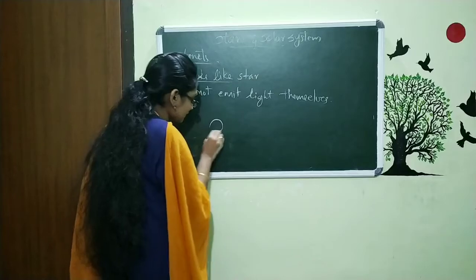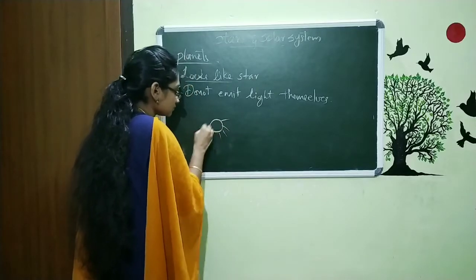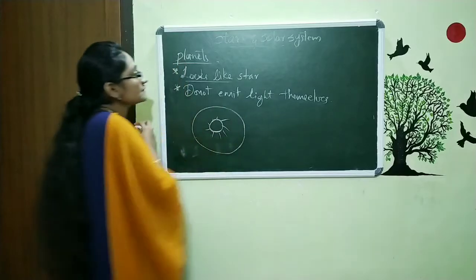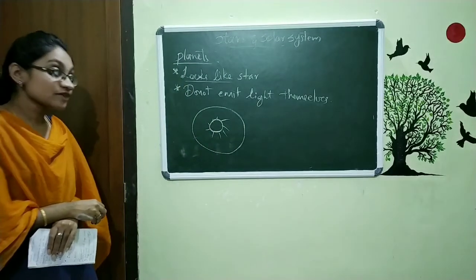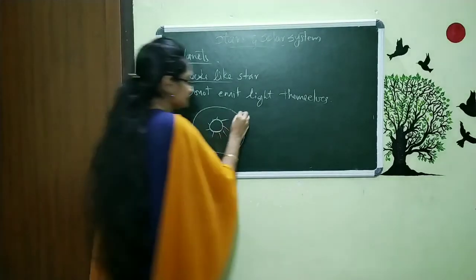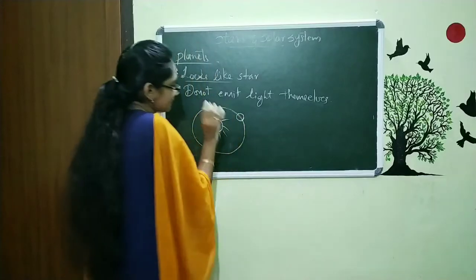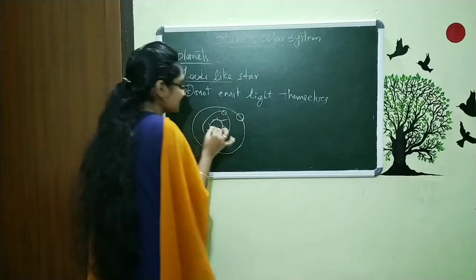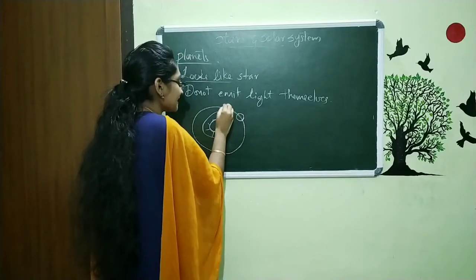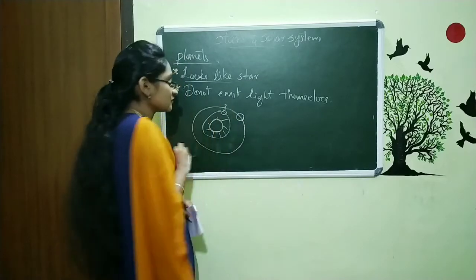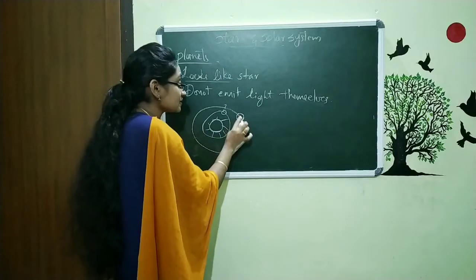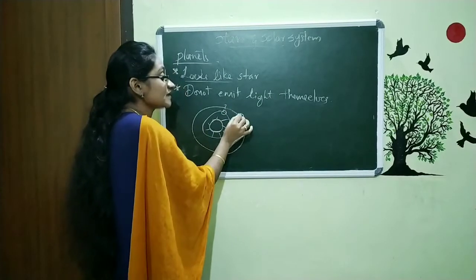Here we have the sun, and we know all the planets are revolving around the sun. Suppose this is our earth and a person is standing on the surface of earth. How are we seeing this planet such that we feel it has light?